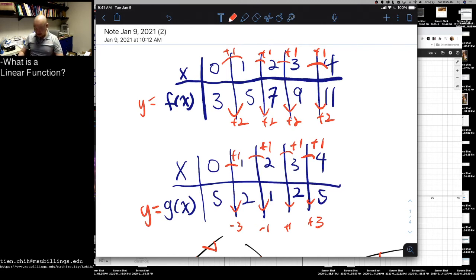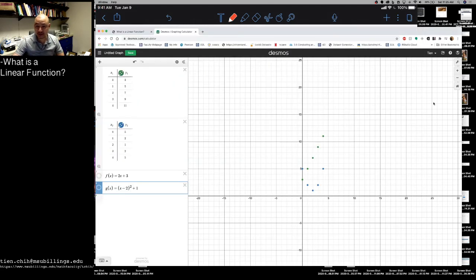All right, so this is purely from an arithmetic or algebraic point of view. Let's see how this corresponds geometrically. So over here I have our points plotted. If I'm just looking at the table, 0, 3, 1, 5, 2, 7, just like we had before, we see these points lining up in a row like this, and that does look like they belong to a line, right?